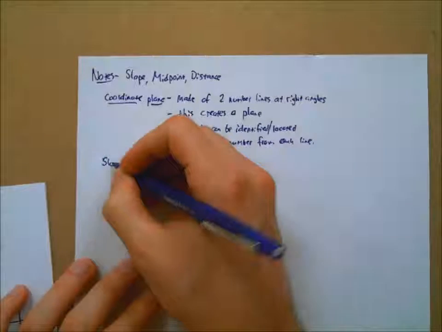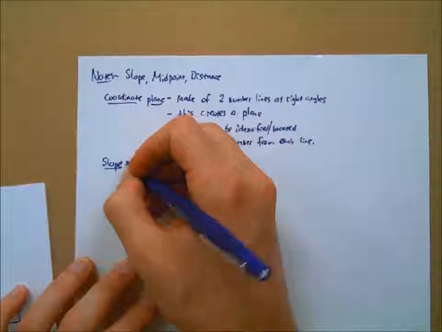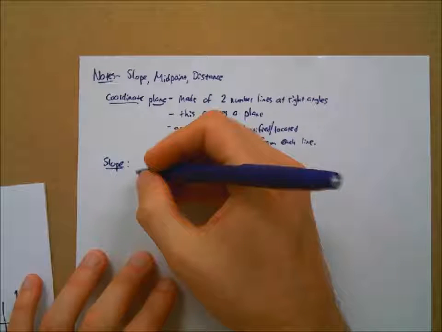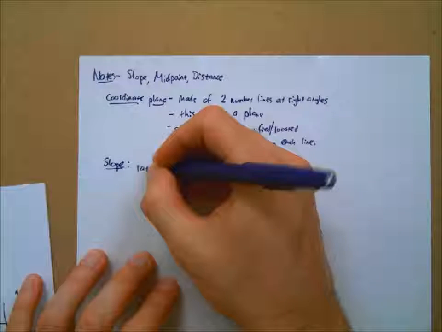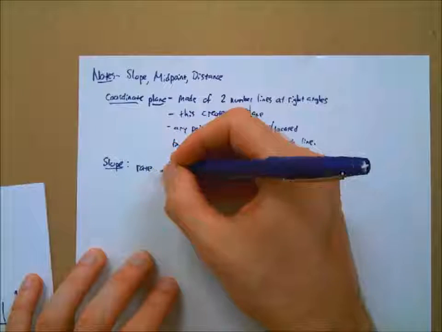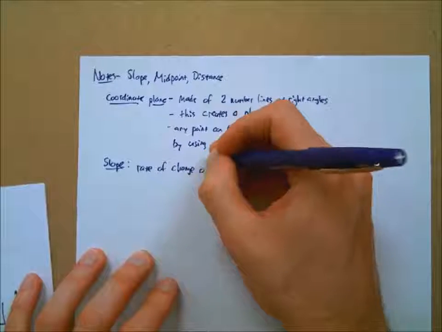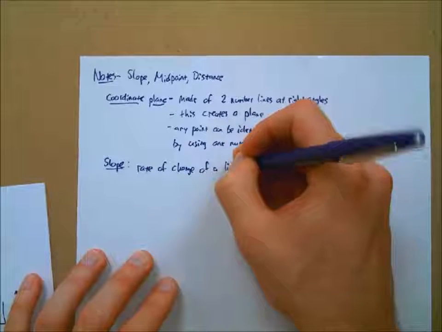So first thing we'll look at is slope. We'll get more into lines a little bit later, but not right now. Right now we'll just talk about some concepts. So like slope, for example. The slope, okay, we can think of that as like the rate of change of a line. Or you can also say function as well.